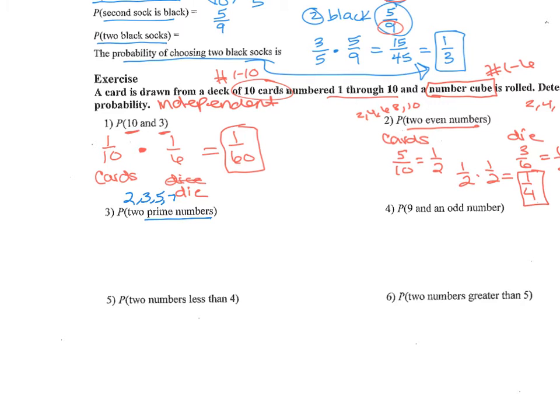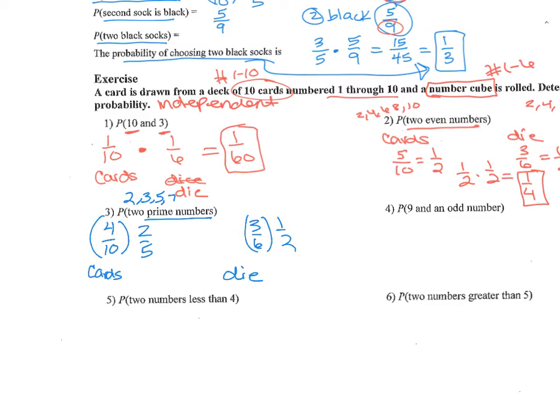So it's 4 over 10 for our cards. Since we have 10 cards, 4 of those numbers are prime. You can reduce it down to 2/5. Then for our die, 3 over 6 reduces down to 1/2.